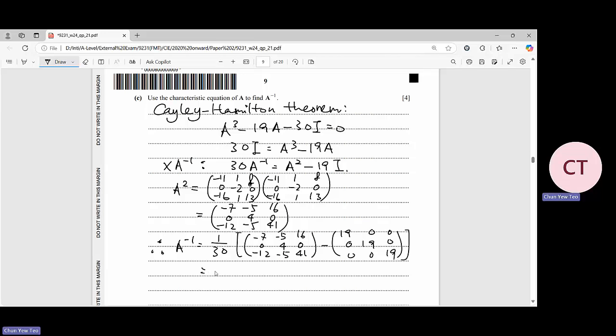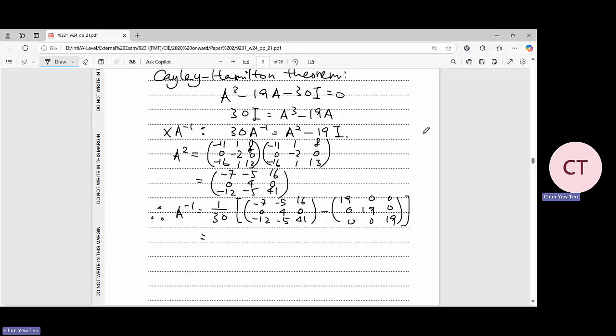Okay. So now just use your calculator, simplify them, and you get the answer as negative 36, 0, negative 32, negative 5, negative 15, negative 5, 11, 16, 0, 22. That will be your inverse of the matrix A.